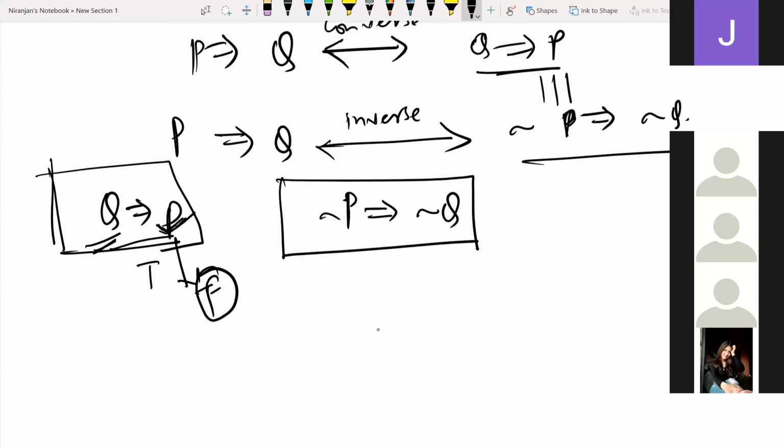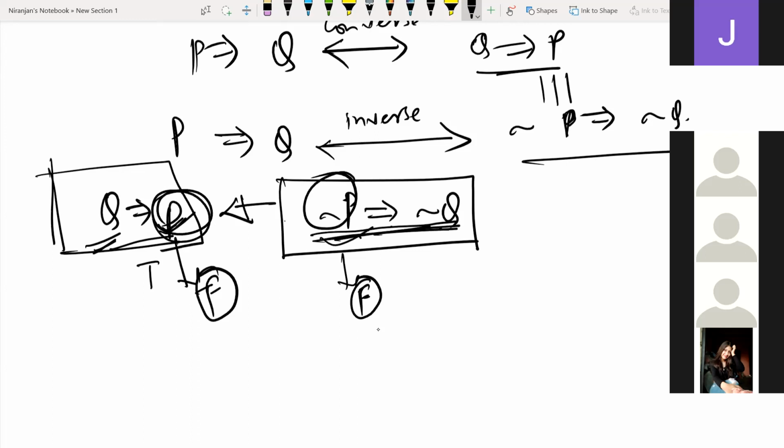So when your P is false, because you have changed this one, you have taken the negation of P. So your whole implication is actually going to give you the same result because you're assuming that this particular part is actually false.